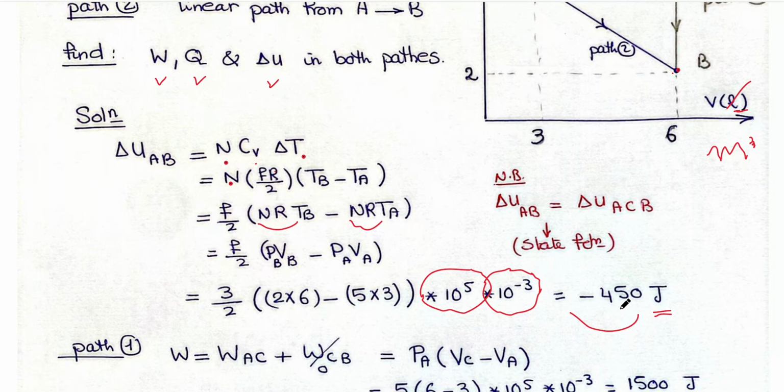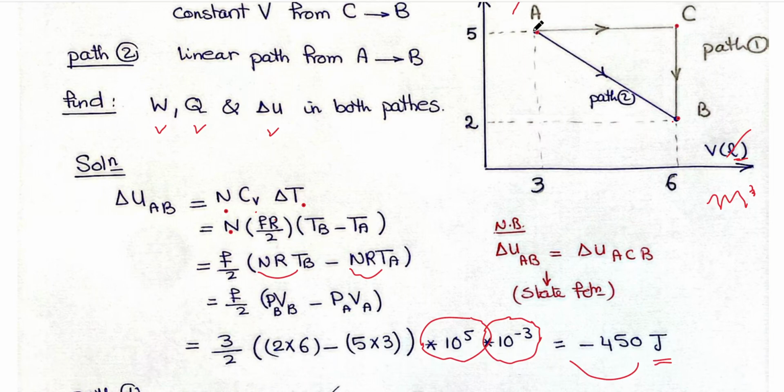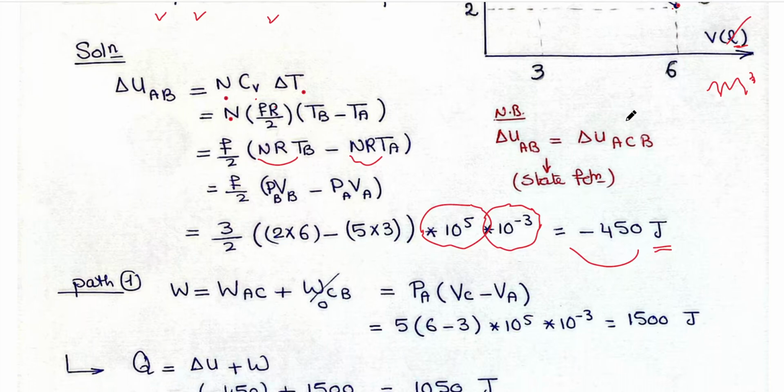And remember, the change in internal energy is a state function. So the change in internal energy on path AB is the same as the change in internal energy through the path ACB. This is the first step to calculate the change in internal energy for both paths.